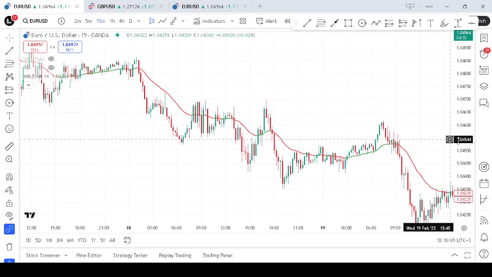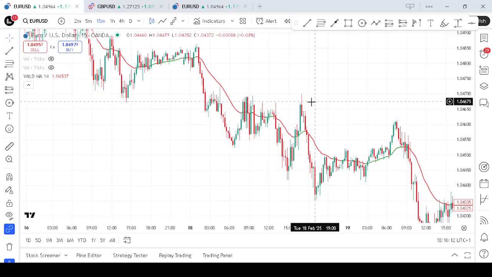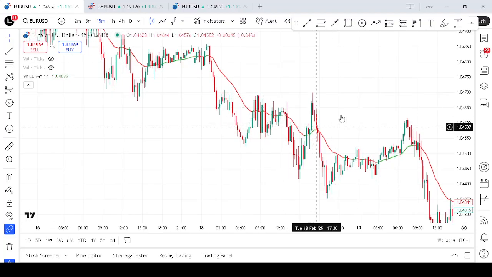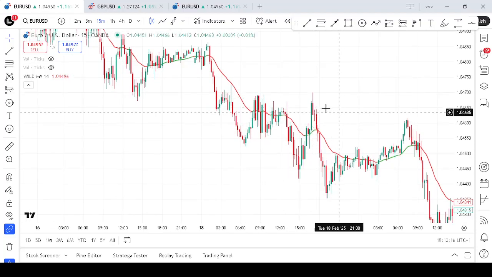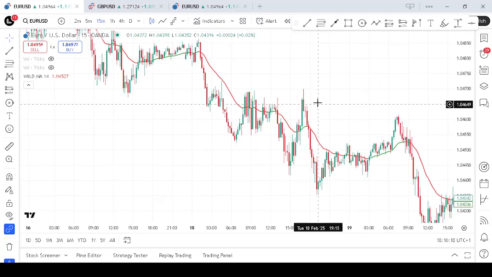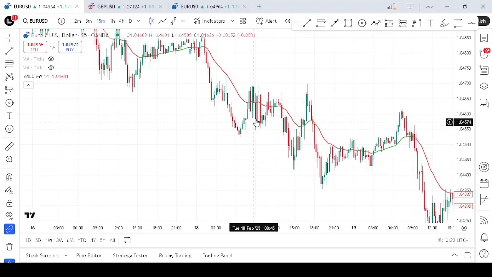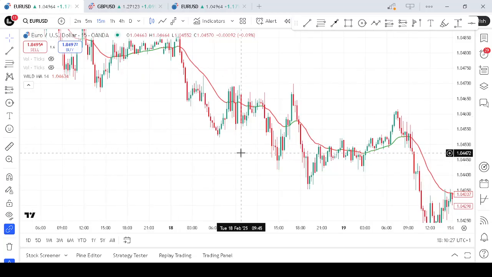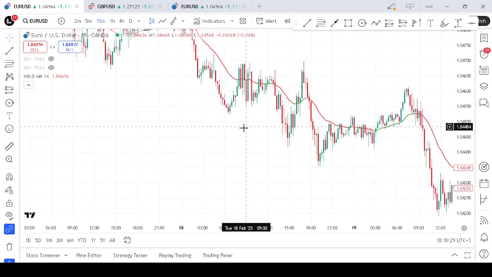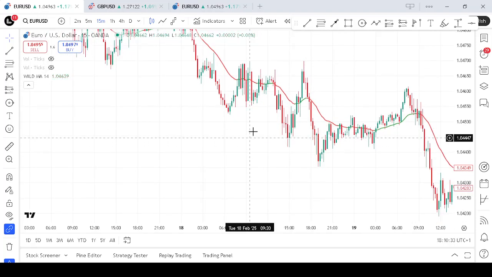Understanding this behavior allows you to refine your entries and exits while managing your risks more efficiently. By incorporating this application into your trading strategy, you can gain a deeper insight into the market behavior and make more confident market decisions.